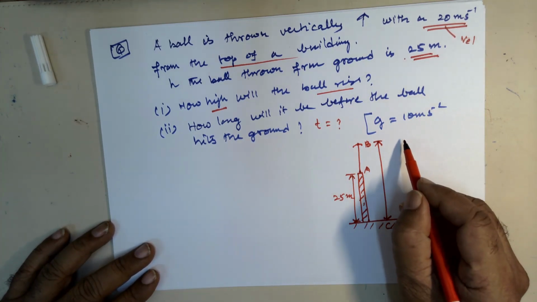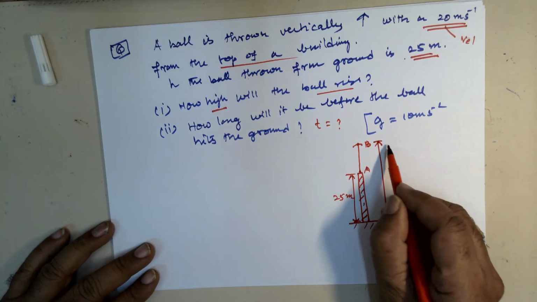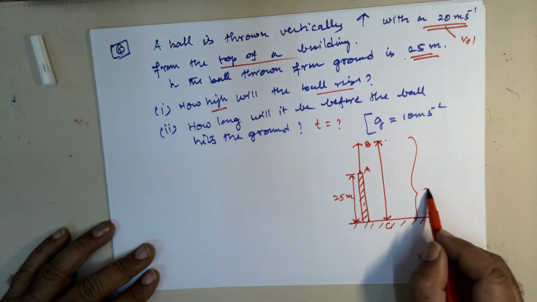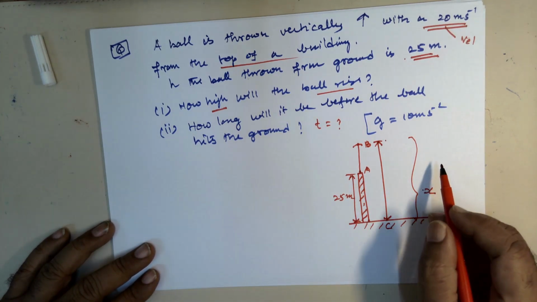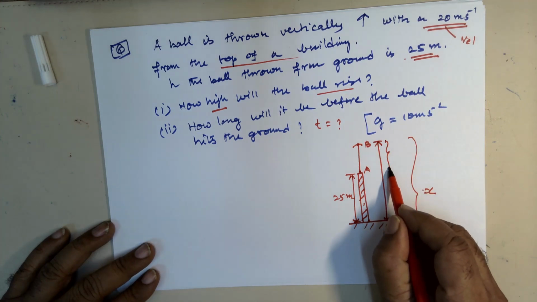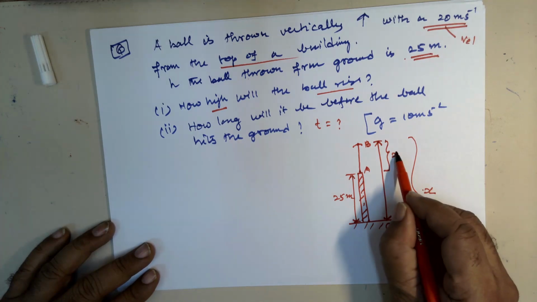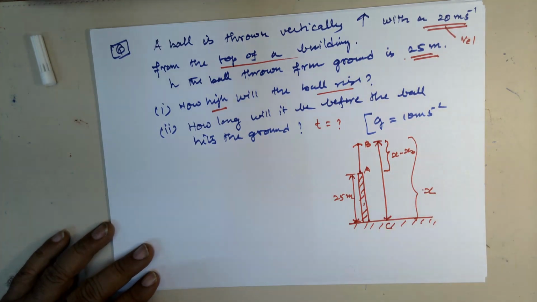Let us consider this as x. Okay, when you consider this total height as x, and this height, is x minus x naught, you can say.